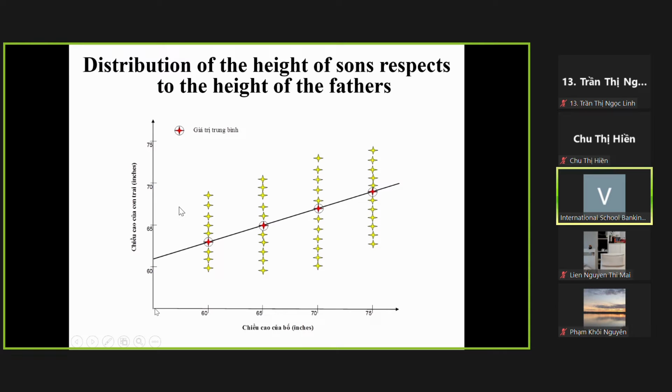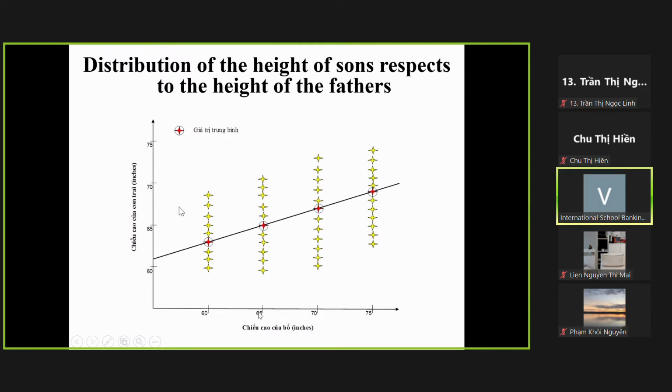The horizontal axis here is the height of fathers in inches, and the vertical axis is the height of sons in inches. So the sample of 50 or 60 fathers was divided into 4 groups by their height. The first group contains all the fathers with height less than or equal to 60 inches.